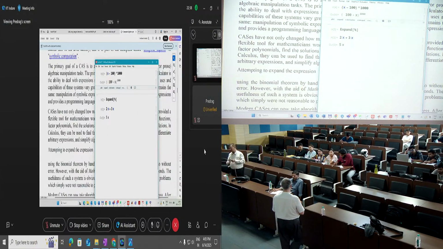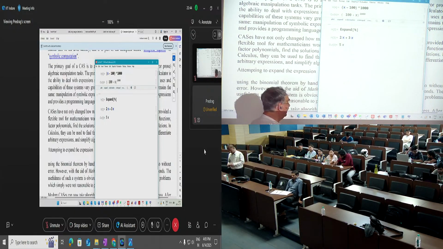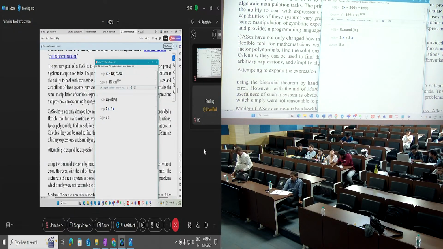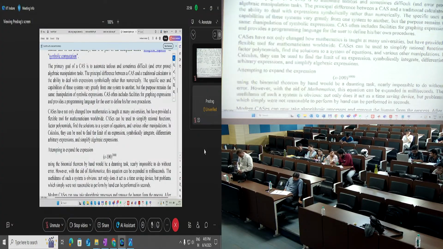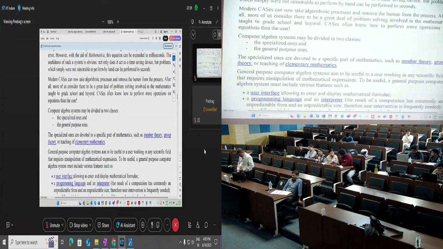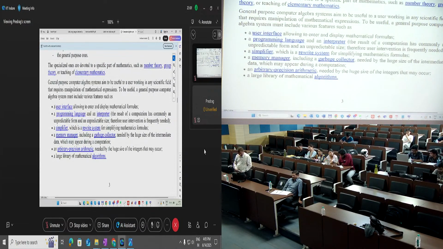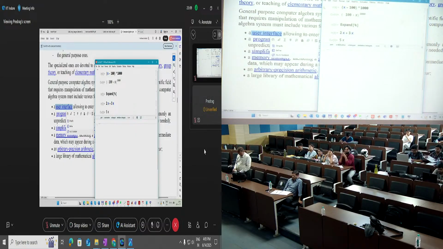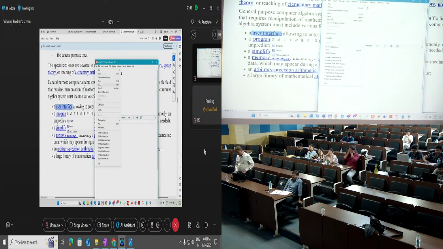The NB extension is obtained in Mathematica. User interface is desirable. Here is the user interface of Mathematica. We can save this, of course, file save as NB extension, notebook. It means notebook is the extension here.